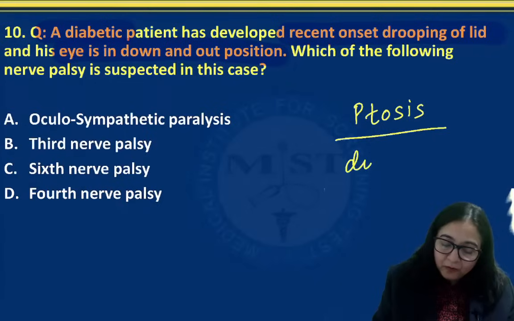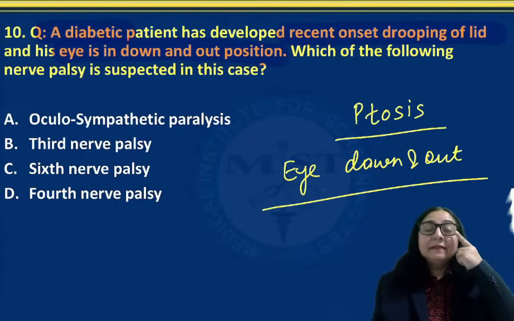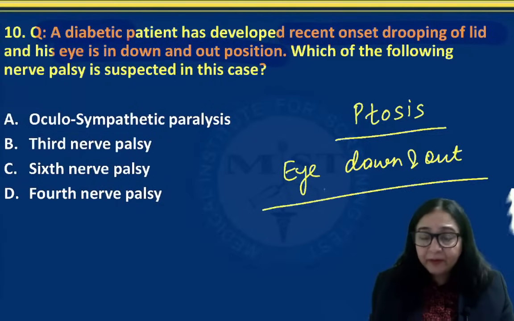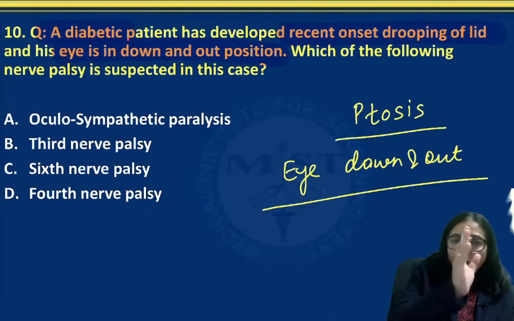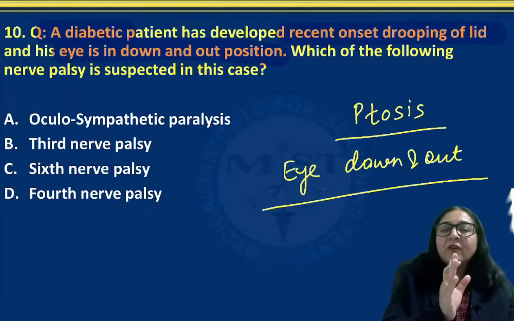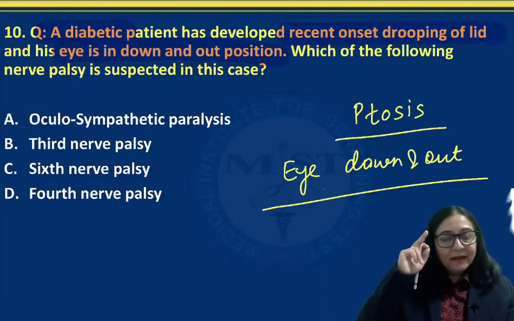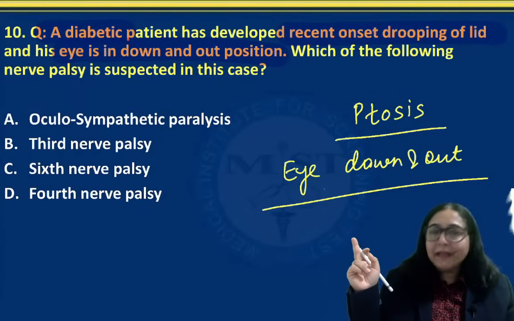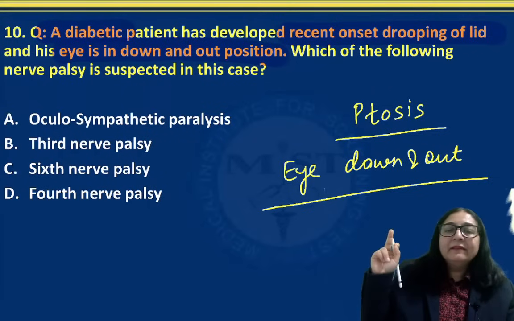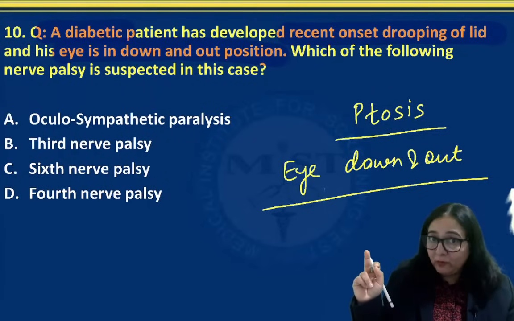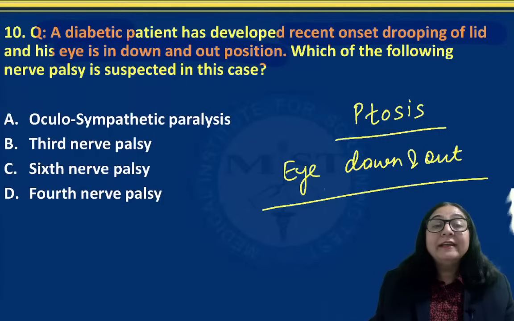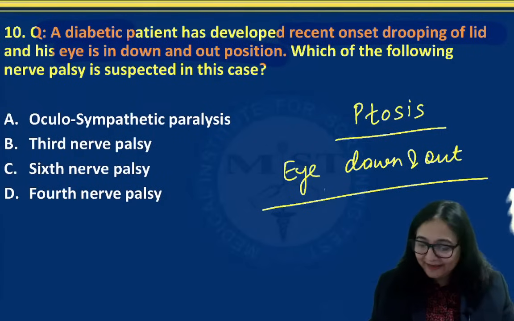Why is the eye in down and out position? Because it means that all other extraocular muscles have paralyzed, except for the muscle which moves the eye outward and the muscle which moves the eye downward. So which of the following will be suspected in this case?